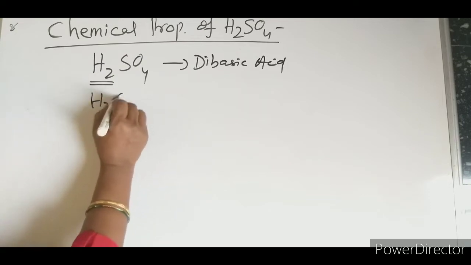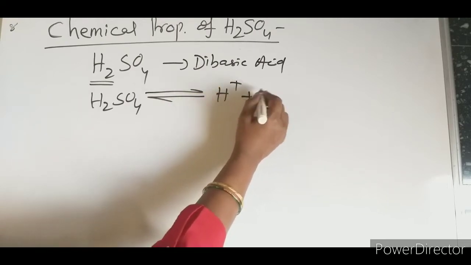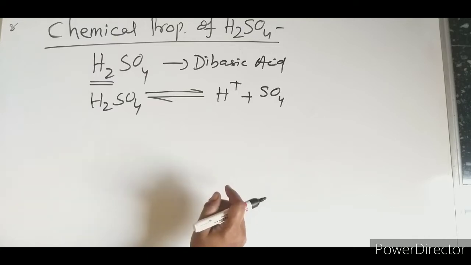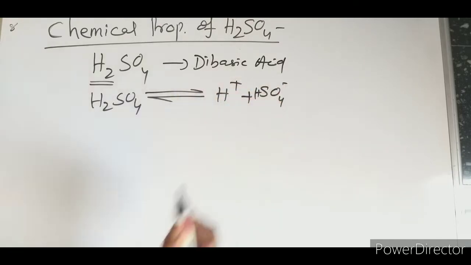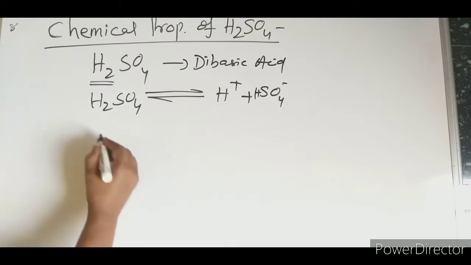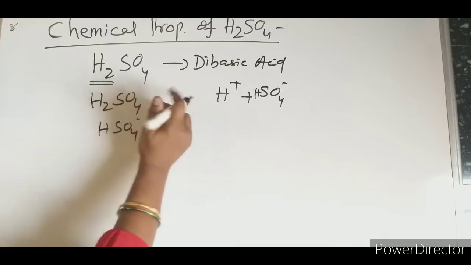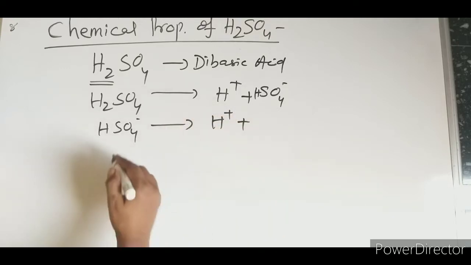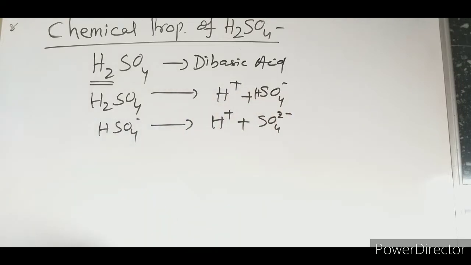So when it is a dibasic acid, let us write this down: H2SO4 gives rise to H plus and HSO4 minus. Again, this HSO4 minus will give rise to H plus and SO4 2 minus.